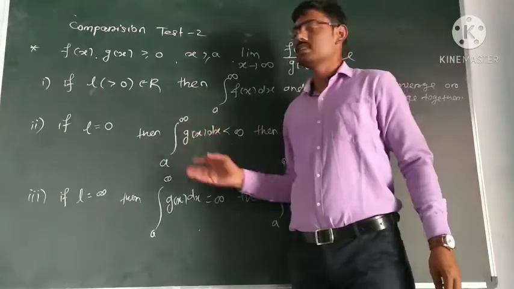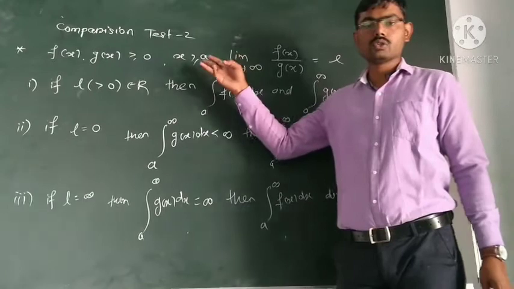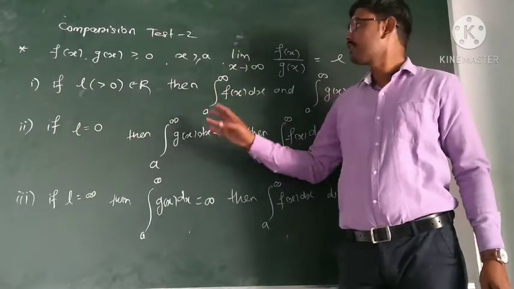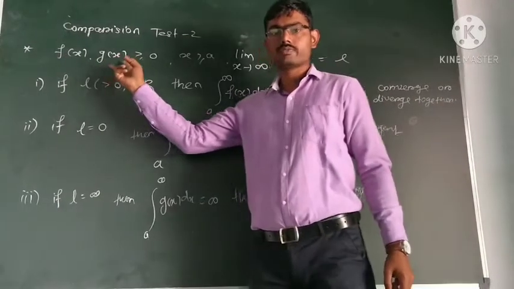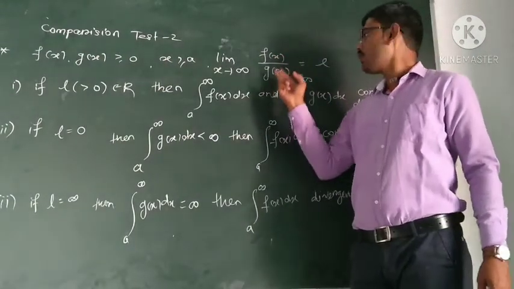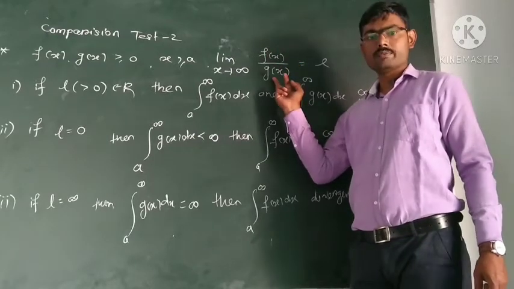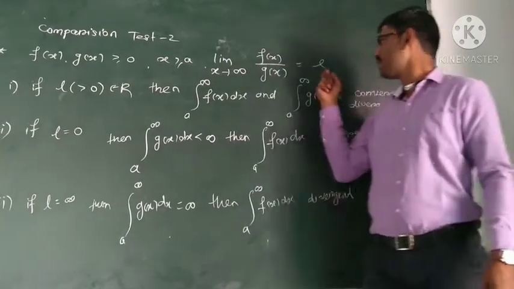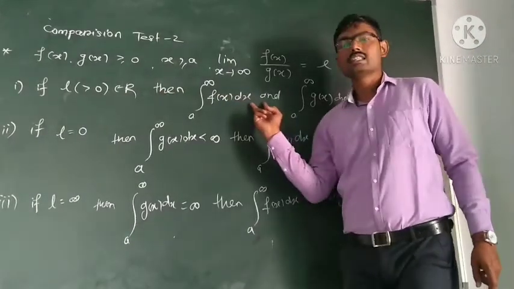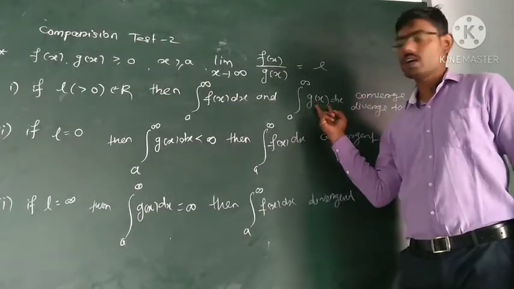These are the three cases in comparison test 2 or the quotient test. What this test says: if there are two non-negative functions and we take the limit of the ratio, or quotient, of f upon g, and the limit of this ratio is say L. If L is a positive real number, then both integrals converge or diverge together.